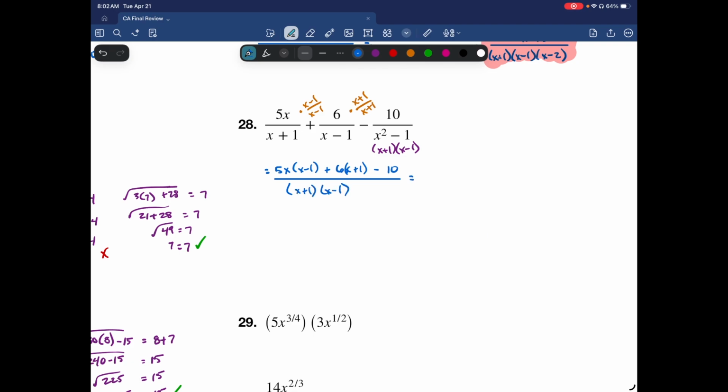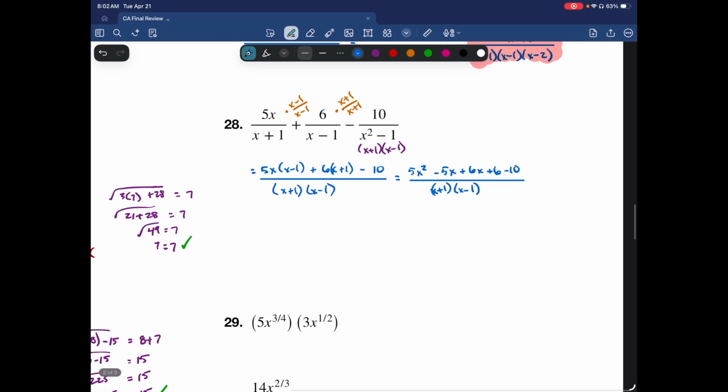All right, so that's going to give me 5x squared minus 5x plus 6x plus 6 minus 10, over x plus 1, x minus 1.